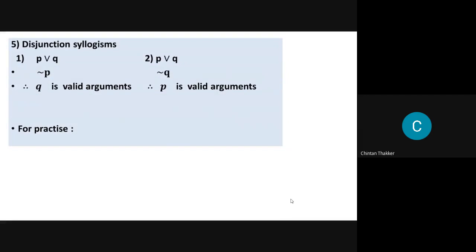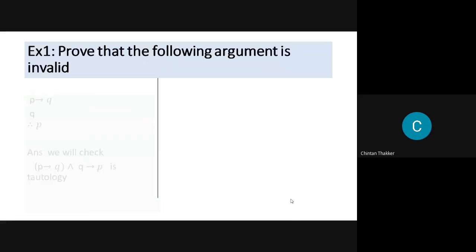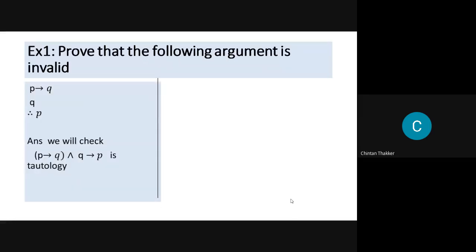This one also has a rule. Then we have taken this example.